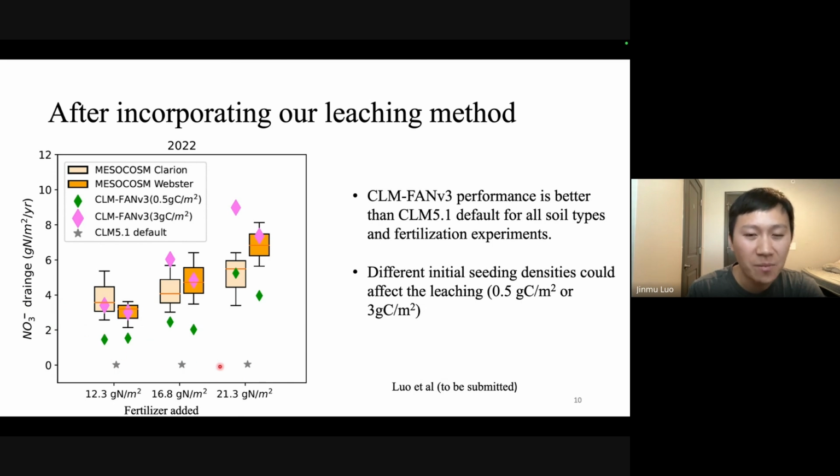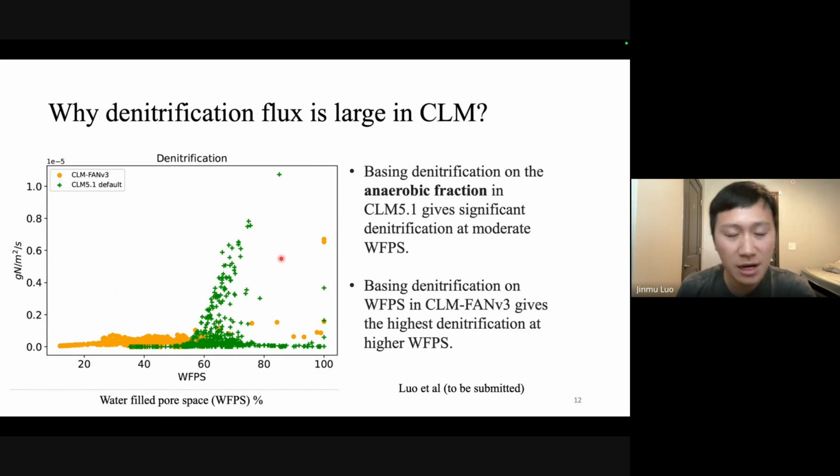CLM 5.1 still does not perform well, but after incorporating our method, as indicated by the pink and green diamonds, we have better performance than CLM 5.1. That's much better, and we actually show the gradients between the different fertilization amounts. This is a really interesting method. We also found, interestingly, that a different initial saline density could affect the leaching a little bit.